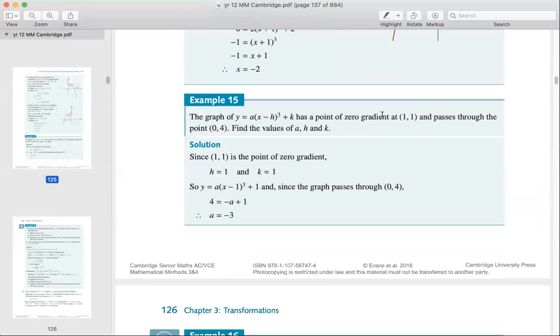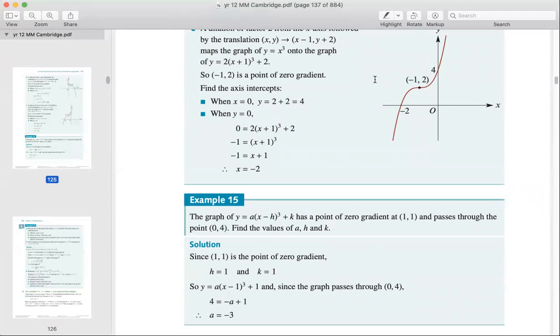For the rest of this part, they ask you to determine the point. Just make sure that for degree 3, which is y equals x cubed, we have a special point called the point of zero gradient. Later on you will know this is the stationary point, or we call it a point of inflection.